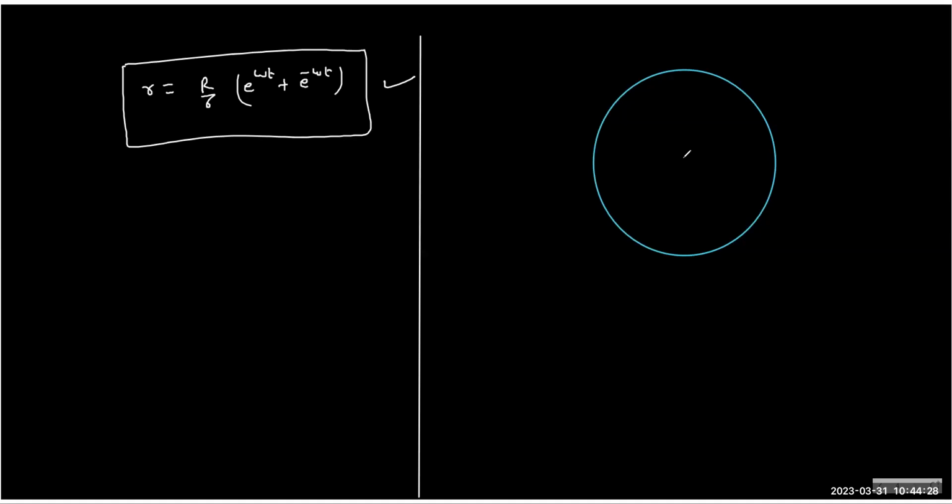So we have a circular track with radius r. A particle is constantly moving on this track. And at t equals 0, its speed is v naught.